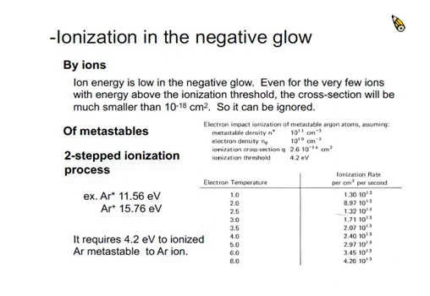Most gas atoms become neutral particles in the plasma, not ions. Ions and electrons are a small portion of the plasma.